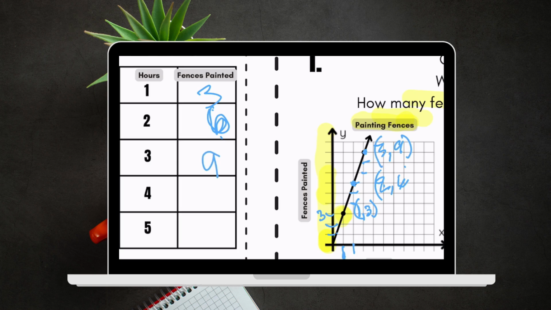So we can see our unit rate. Whenever we see 1 on our x-axis, that's telling us per 1, how many fences painted per 1 hour. So that's our unit rate. Our unit rate is 3 fences an hour. And so we see that each time the hour increases, we're adding 3. Okay, and so for 4 hours, I know that that would be 12 because I would add 3 again. And then for 5 hours, it would be 15.